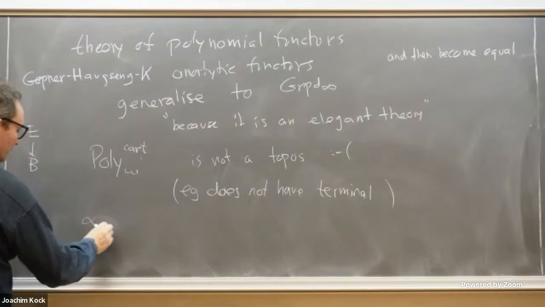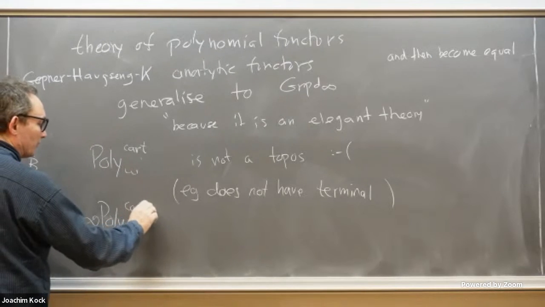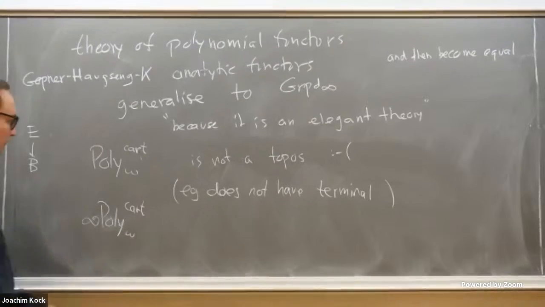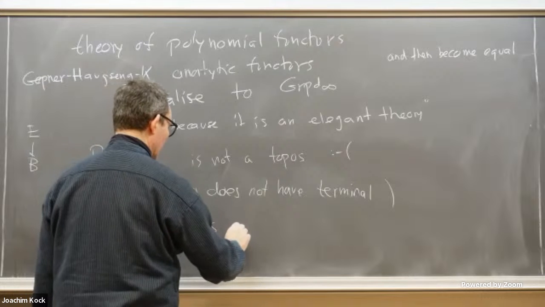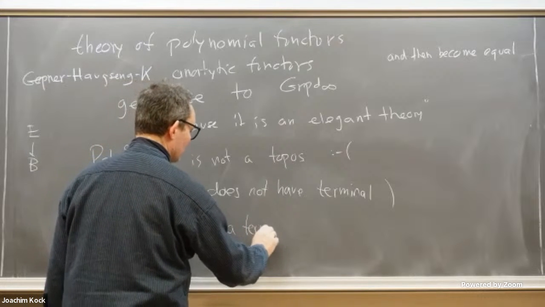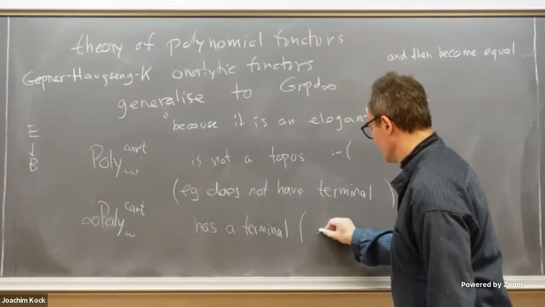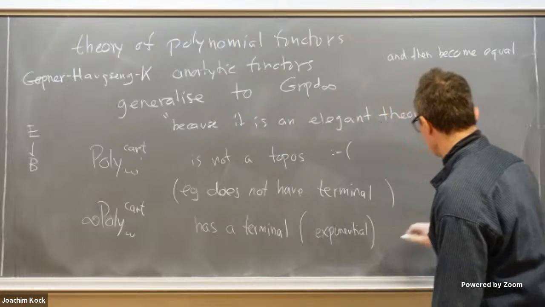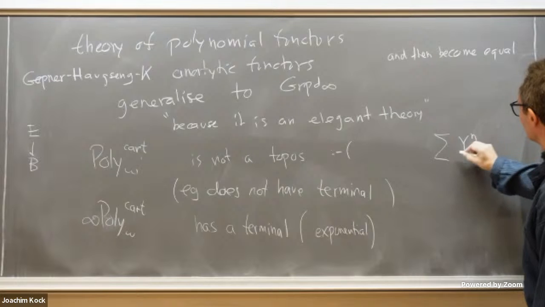Now if we do the infinity version, and I'm still only talking about the Cartesian fragment, and I still put this finiteness condition, then it has a terminal object. And that terminal object is the exponential. In terms of species, it's just this one.